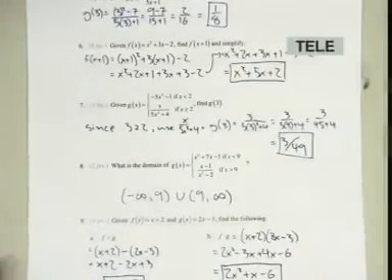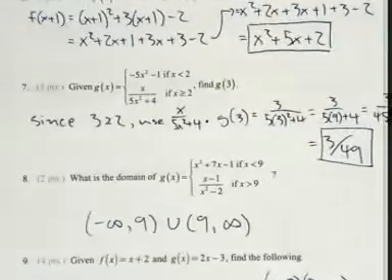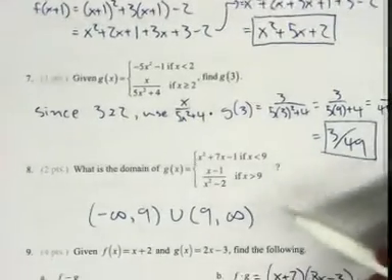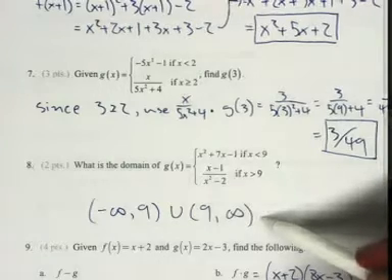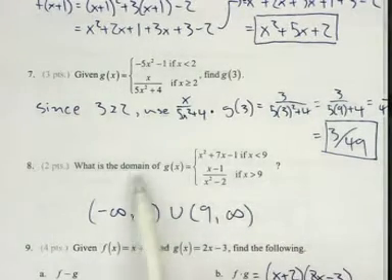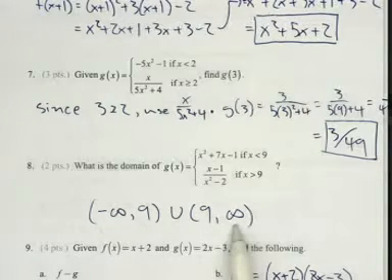And the issue with problem number 8, any of y'all that missed this problem either missed it because you didn't answer the question, or you put the domain is from -infinity to +infinity.